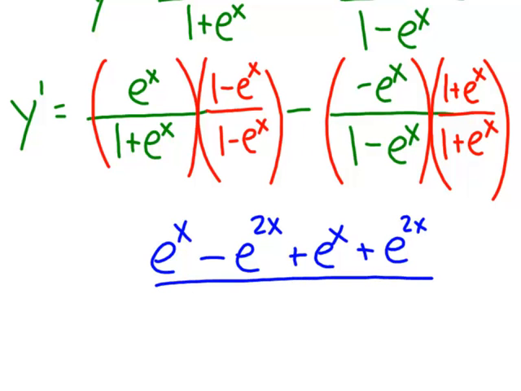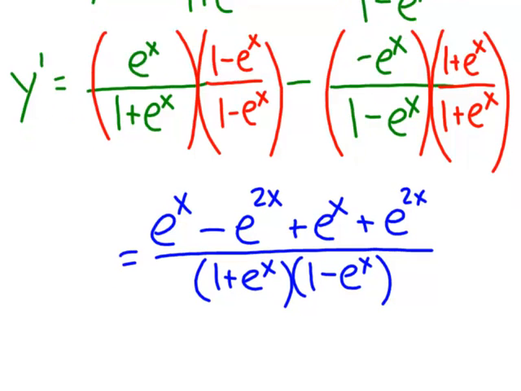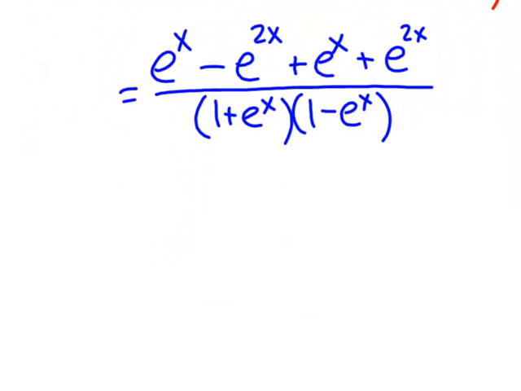And that's all over our common denominator, 1 plus e to the x, 1 minus e to the x. We'll cross out the minus e to the 2x and the plus e to the 2x up top. We'll combine the e to the x's. We'll get 2e to the x.